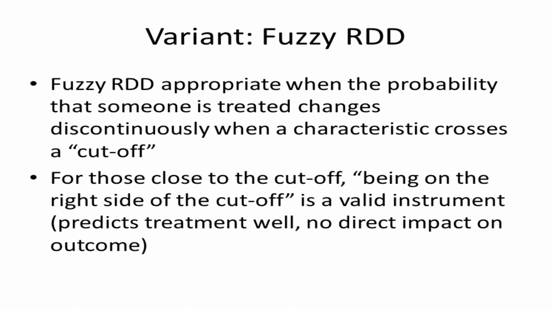It's something that predicts well whether or not you get the treatment and has no direct impact on the outcome of interest. So in my case, being born in August and being aged roughly 4 is a really good predictor of whether you're in school. It's not a perfect predictor, but it's a very good predictor, and there's a discontinuity. And being born in August has no direct impact on whether your mother works or not, compared to being born in September.